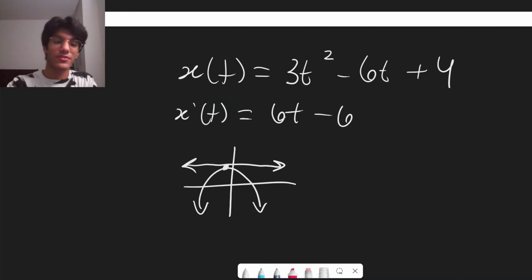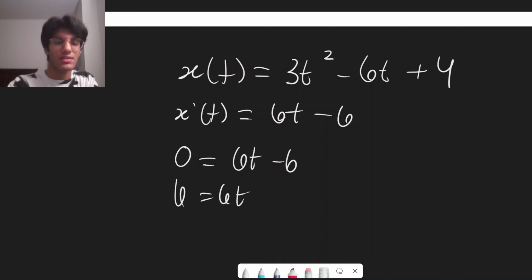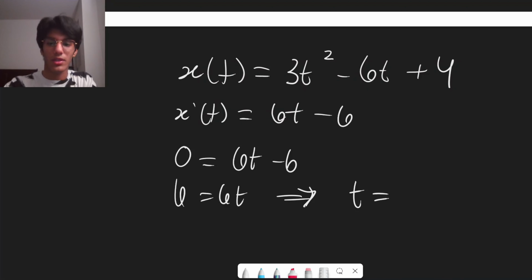So let's do that. 0 equals 6t minus 6, 6 equals 6t, and that leads to t equaling 1. So that means that at t equals 1, this quadratic function has a turning point.